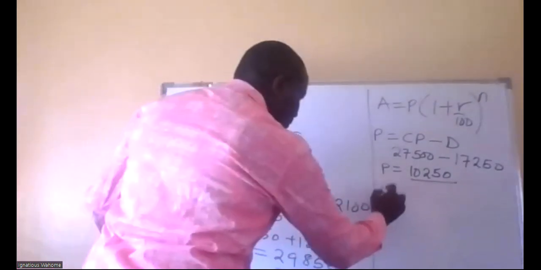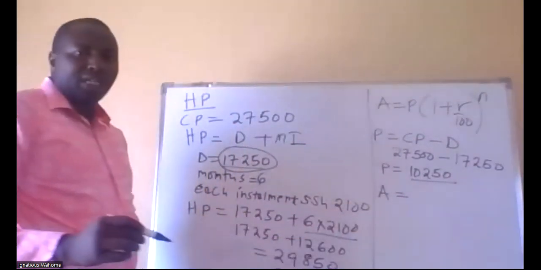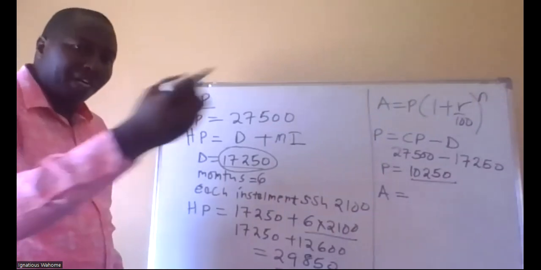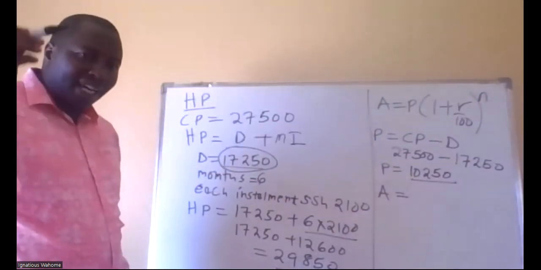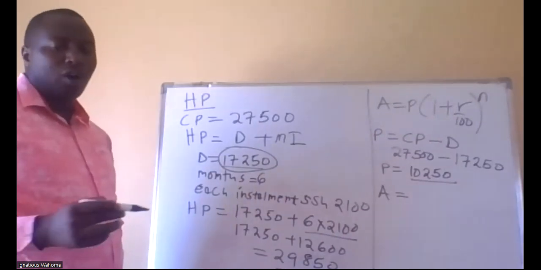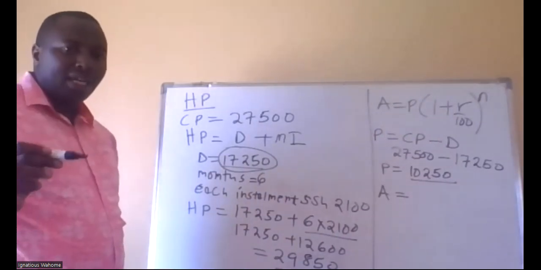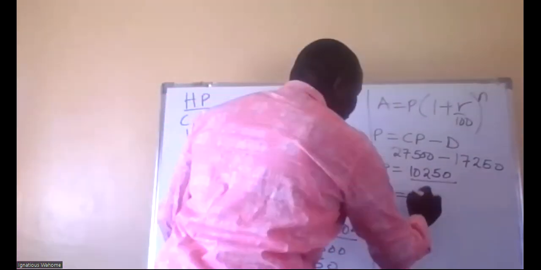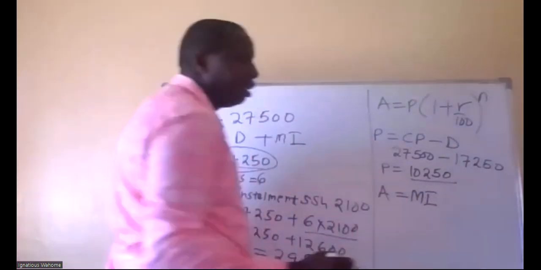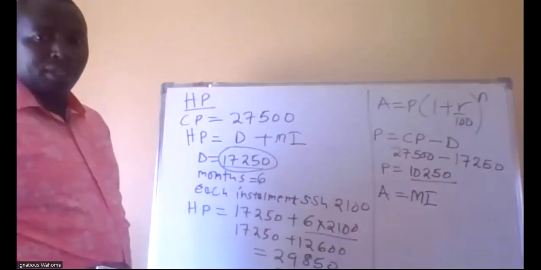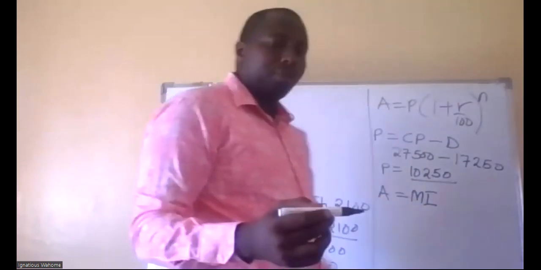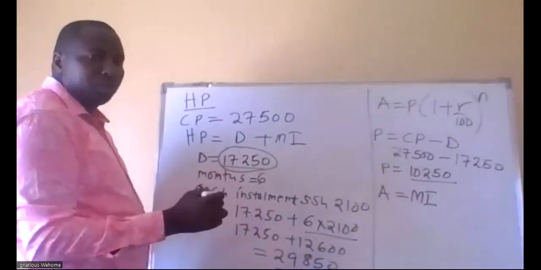Now the amount. We are calculating the rate of interest on the balance of the money that remained. The money that will earn interest, or the one that is being charged, is the money that was raised through the installments. So in this case, A is equal to MI, the money raised through the installments. How much was raised through the installments?